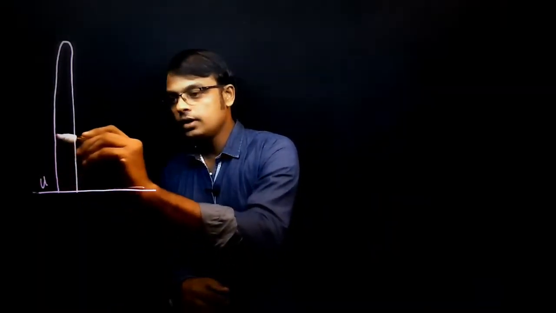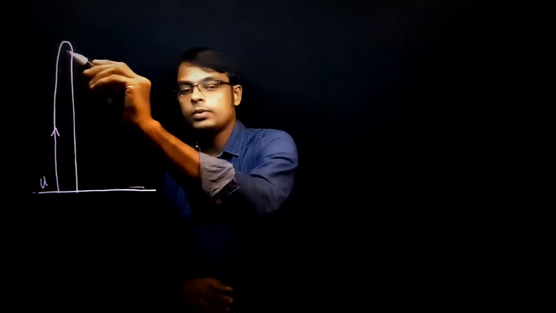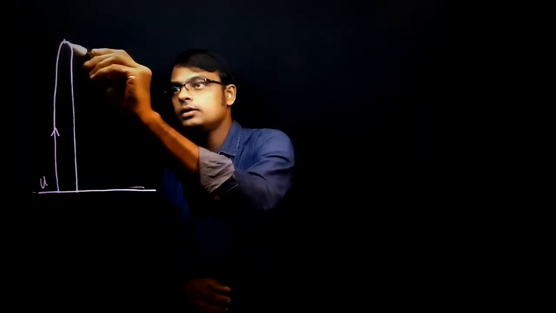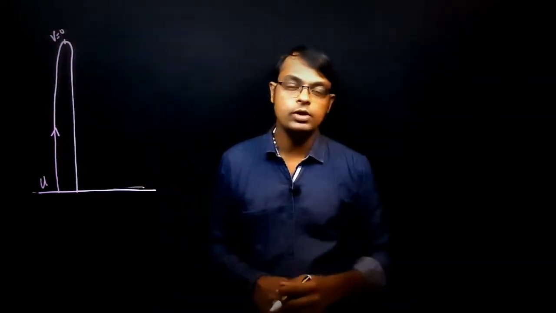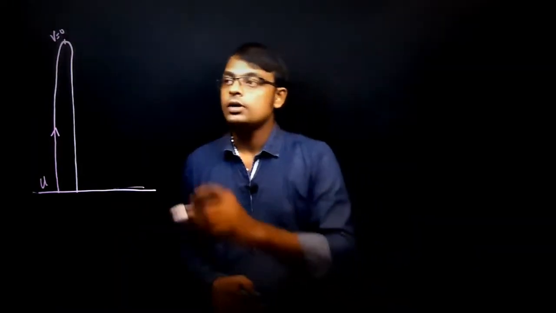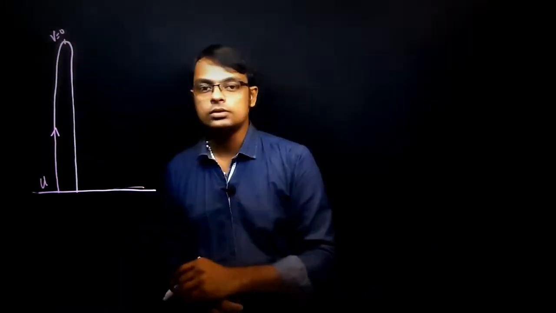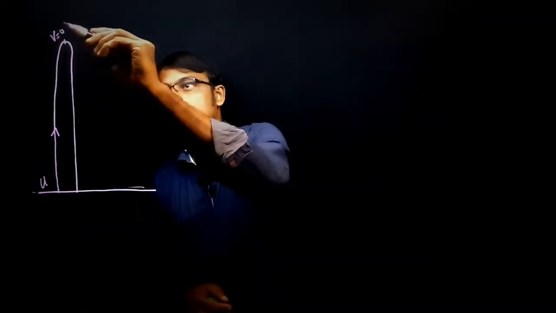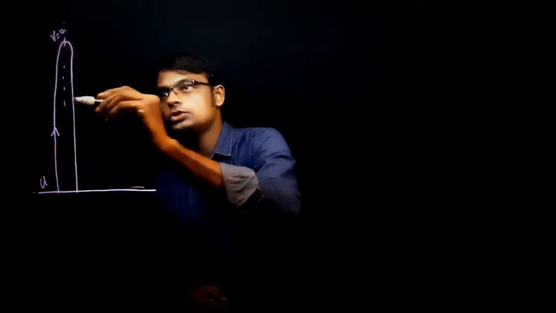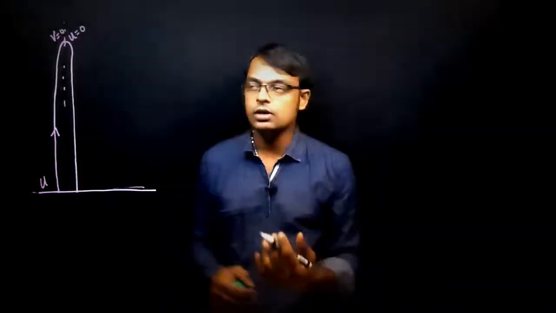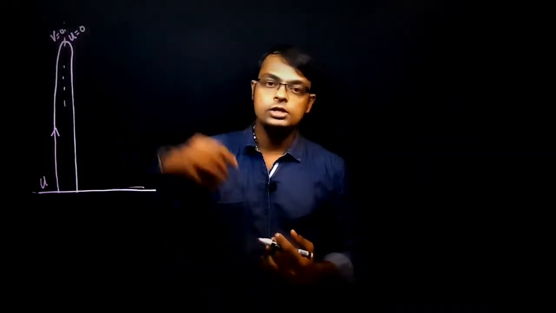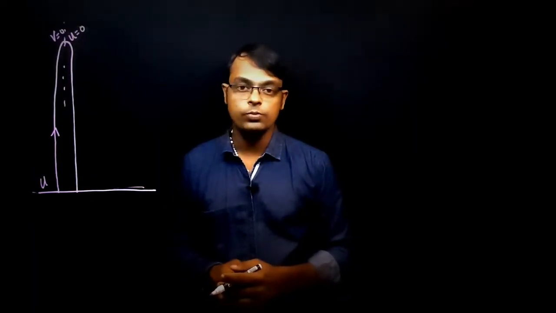And when it is going upward, what will happen to the velocity? At this point, the velocity becomes 0. Now, while it is coming downward, say this is the other side of the motion, we can say that u is equal to 0. While it is coming downward, I can take the initial velocity u as 0.